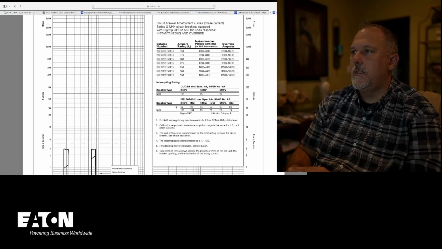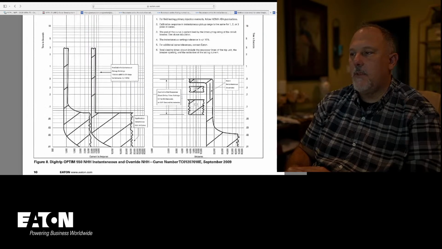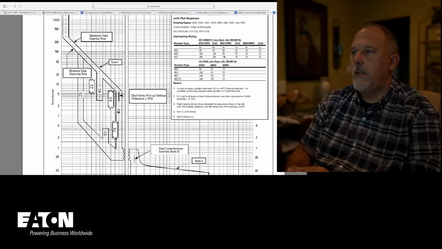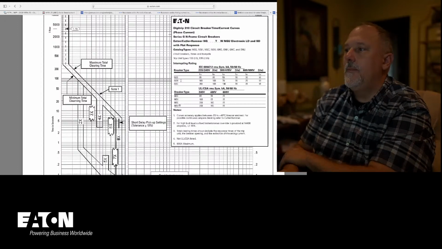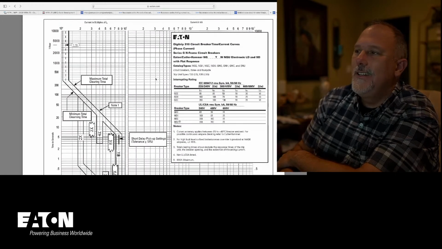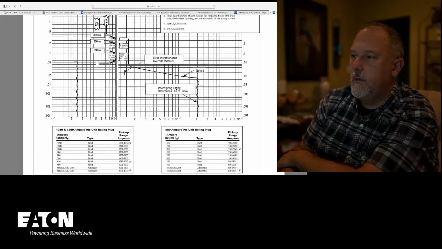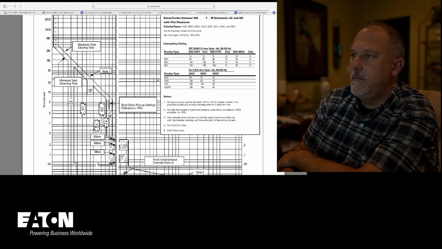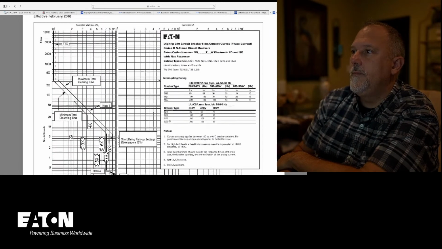What is this? This is ampere ratings up to 350. Ooh, here we go. NG. No, look at that. That's not what I'm looking for. NG, that's not what I'm looking for. Fixed instantaneous override. That's not what I'm looking for.